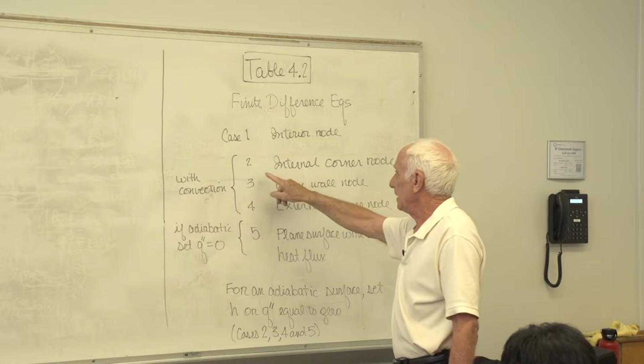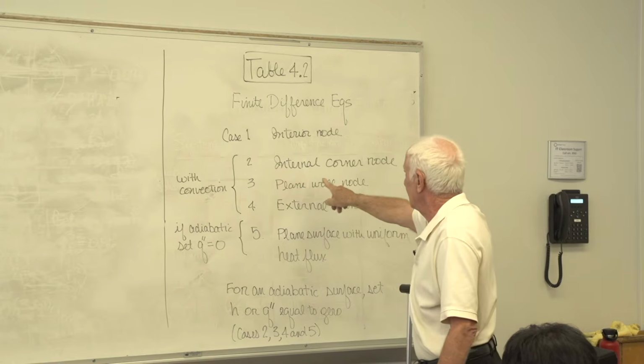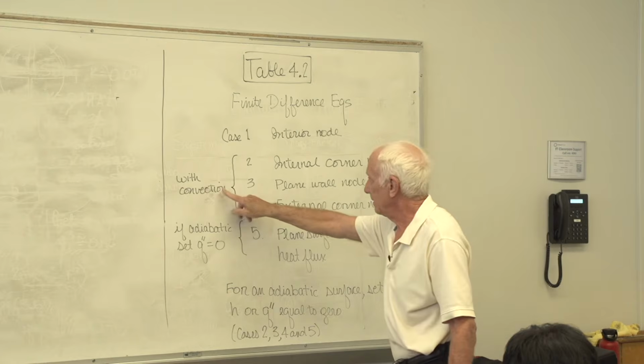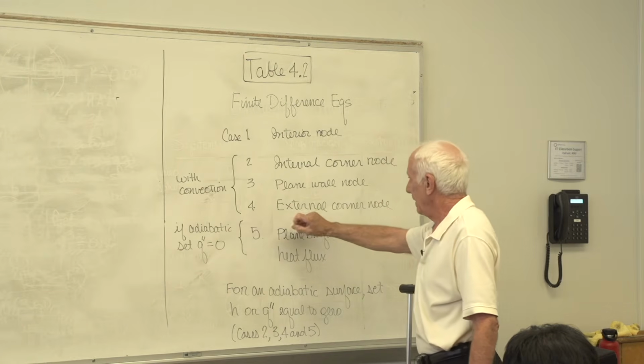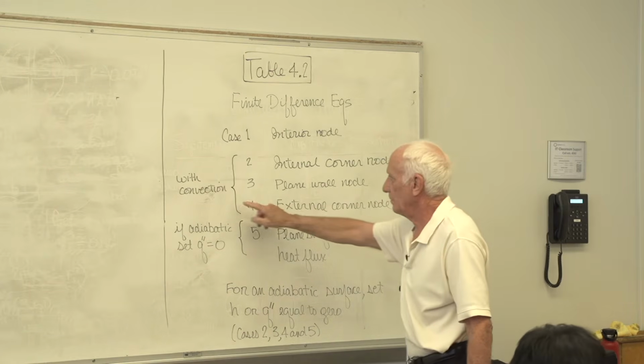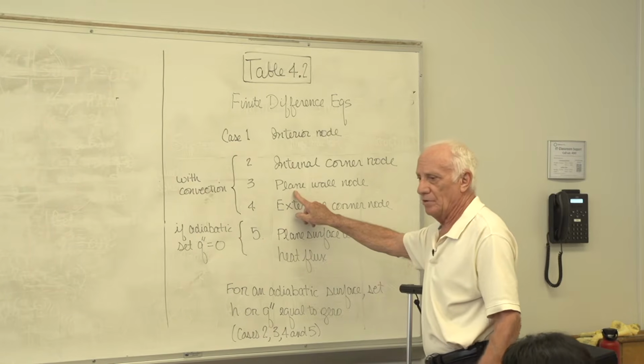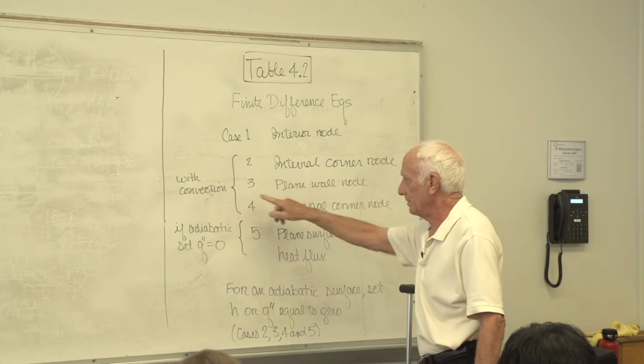For instance, case 2 is the internal corner node with convection. Case 4, external corner node with convection. Case 3, a node on a plane wall with convection.